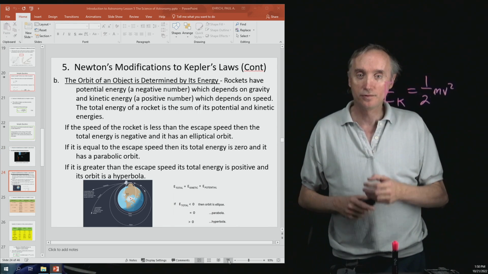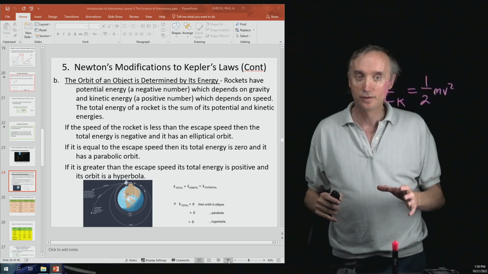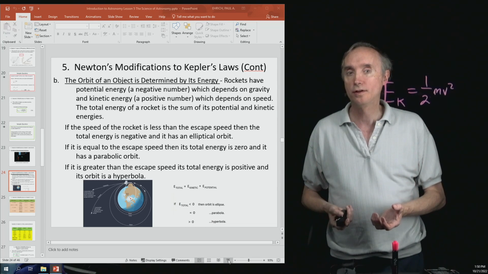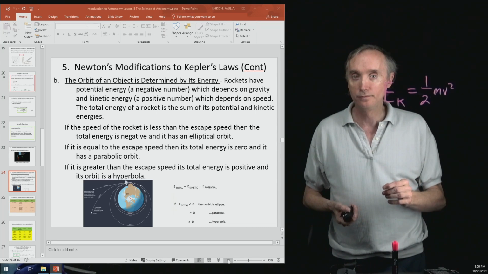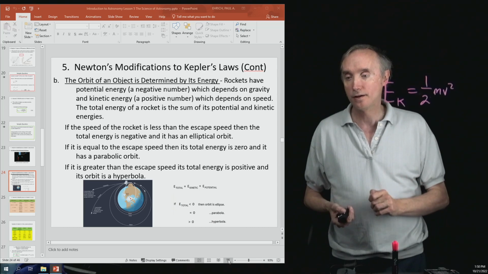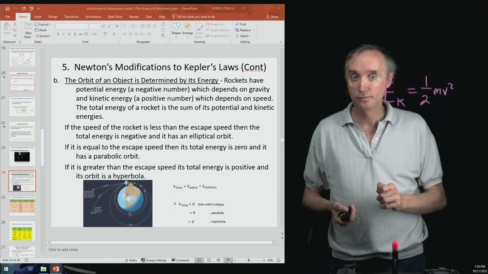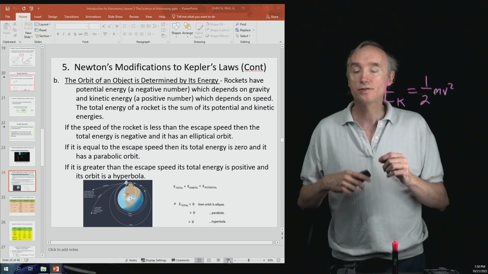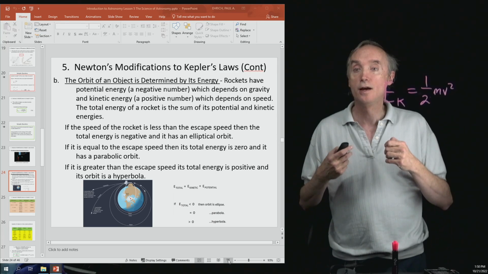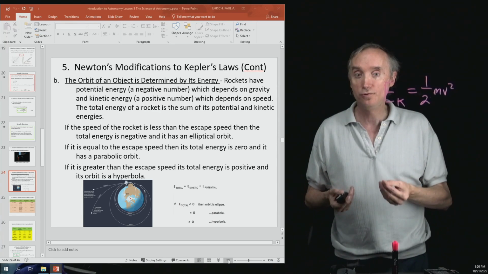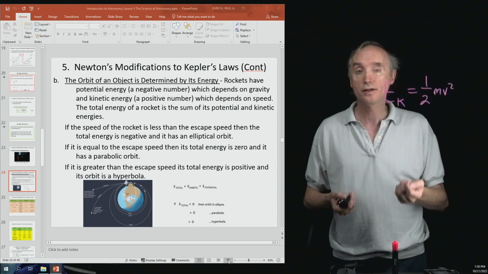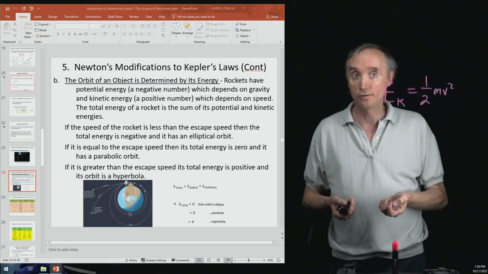So here's the discussion in detail. Rockets have both potential energy, which is a negative number, and kinetic energy, which is a positive number. You add the two together, so the potential plus the kinetic makes the total energy.